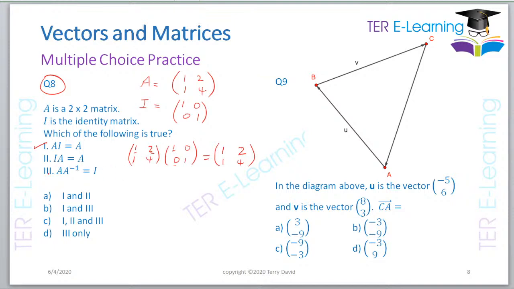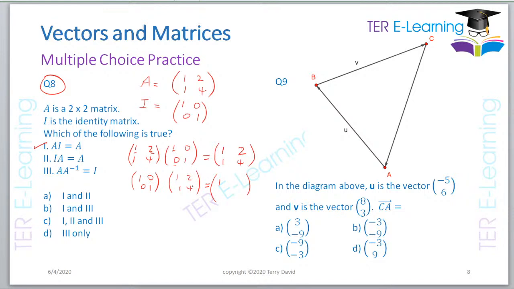Let's check the second part. If we take the identity matrix 1, 0, 0, 1 and multiply it by the original matrix, which is 1, 2, 1, 4, let's see what I get. I know I'm going to get a 2 by 2 matrix as the answer. 1 by 1 plus 0 by 1, I'm going to get 1 here.